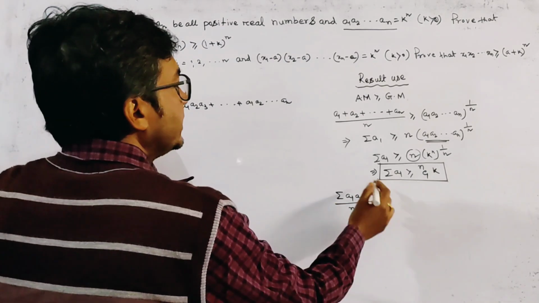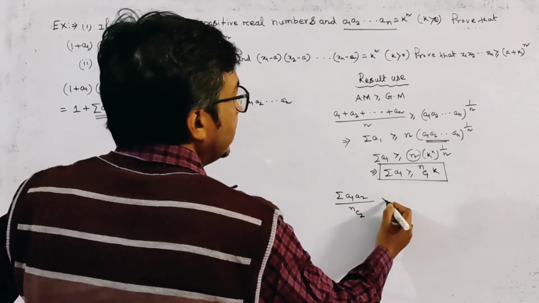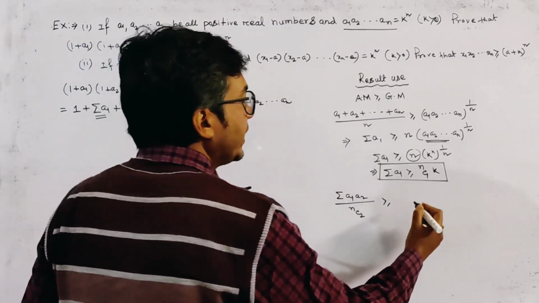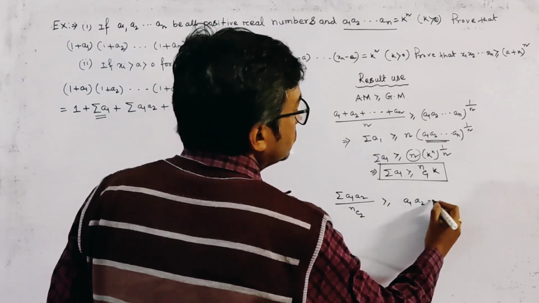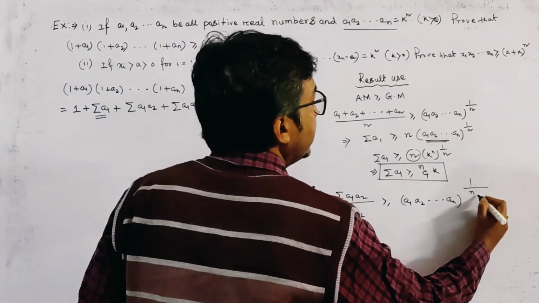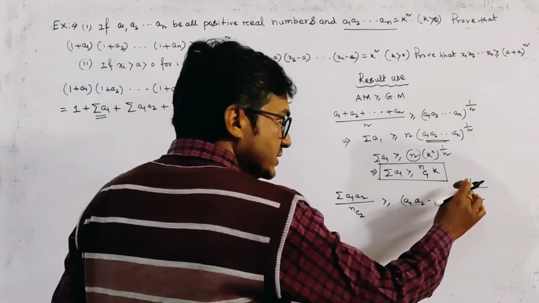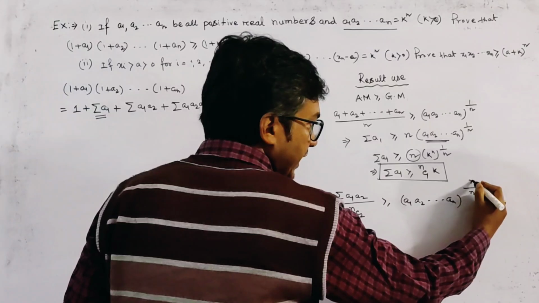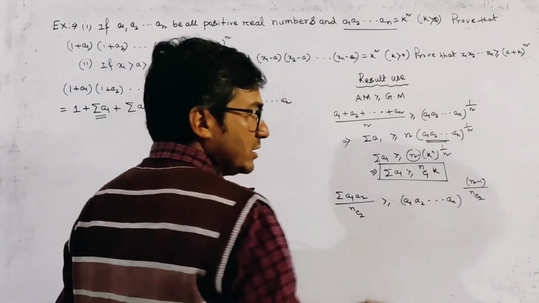So AM is this, and GM is given by (a1 a2 to an) raised to the power, nC2, but this is to the power also n minus 1 here.